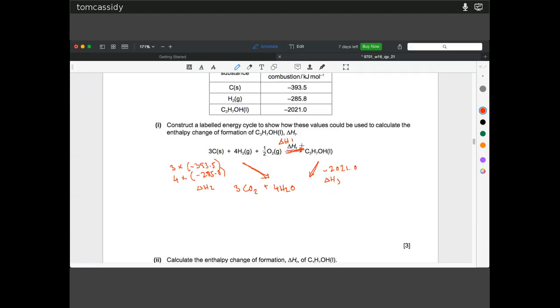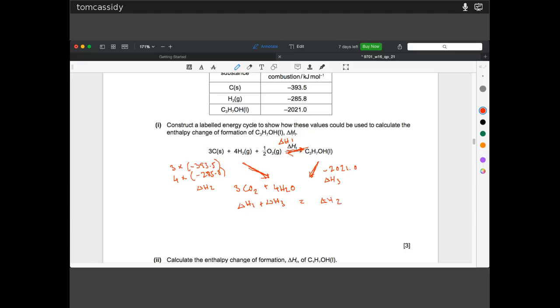You can see that gets us to the same place. And Hess's law is saying it doesn't matter which route we take, as long as we start from the same place and end in the same place, then the enthalpy change is the same. So that means that delta H1 plus delta H3, so that step plus that step equals that step there, doesn't it? Which is our delta H2.